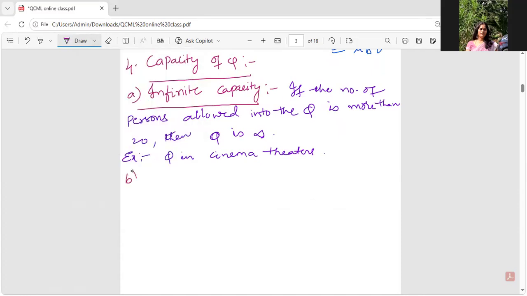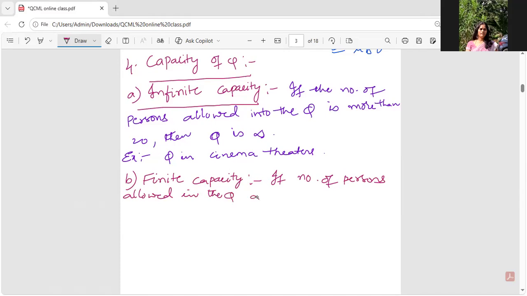Now coming to finite queue, guys. Capacity is finite. Finite capacity means, obviously, when I have put a bound of 20, if the number of persons allowed in the queue is less than 20, then the queue is finite.